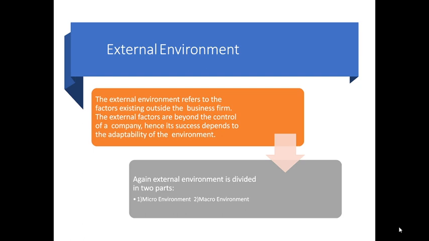So if a firm is able to withstand the external environment that is affecting your company or your firm, then you are a good businessman and your business is going really well.